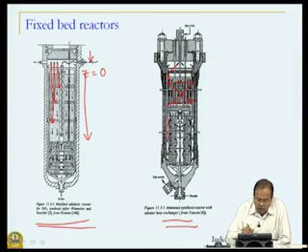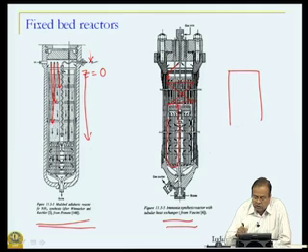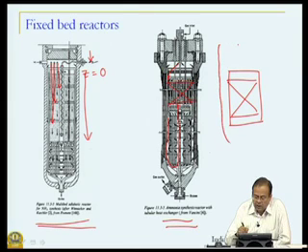It goes down and then there is a heat exchanger and then goes through the catalyst bed. In other words, what we are doing essentially is that before the reactants get into the reactor I pass them through the shell and then pass the reactant so that the reaction takes place.